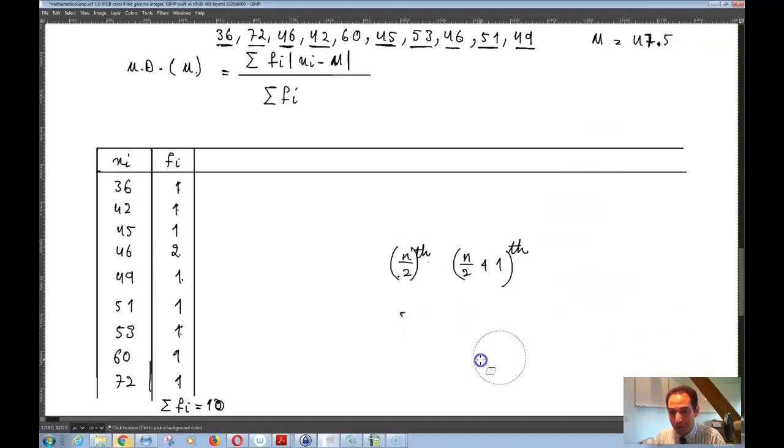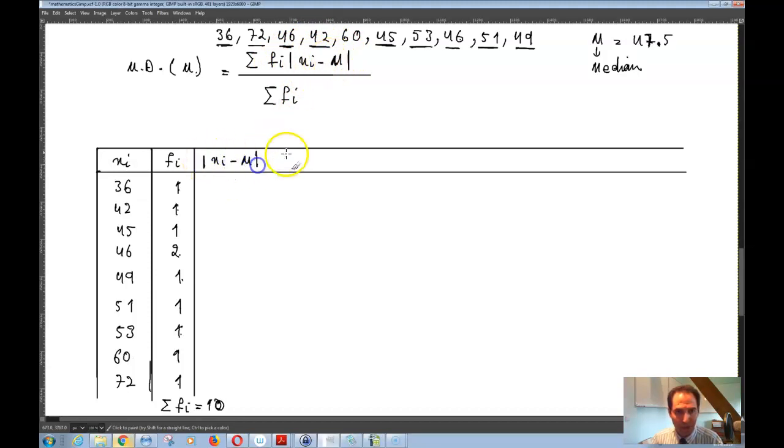Now that I have the median of my data, this is the median, not the mean, I'm sorry, I keep saying mean. I need to find the mean deviation about the median. So the next thing I need to calculate is the absolute value of x of i minus m.